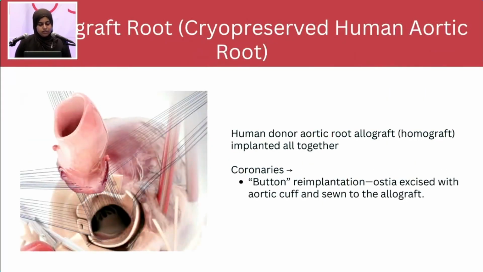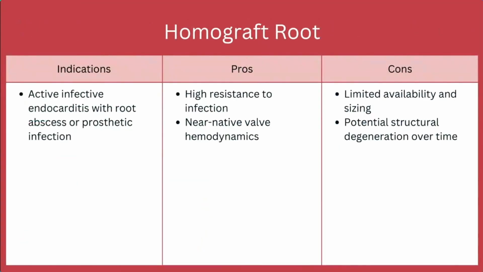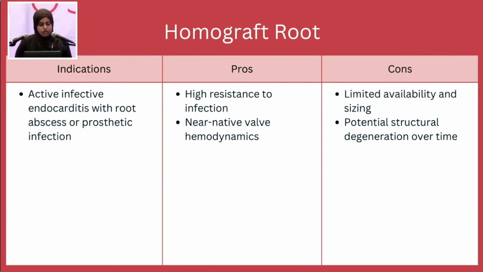Homograft replacement uses the donor aortic root with coronary arteries reimplanted using the button technique. Its key advantages include high resistance to infection and near physiological valve hemodynamics, making it a strong option in complex infected or redo cases. However, limitations include restricted availability and size matching, as well as the potential for late structural degeneration over time.